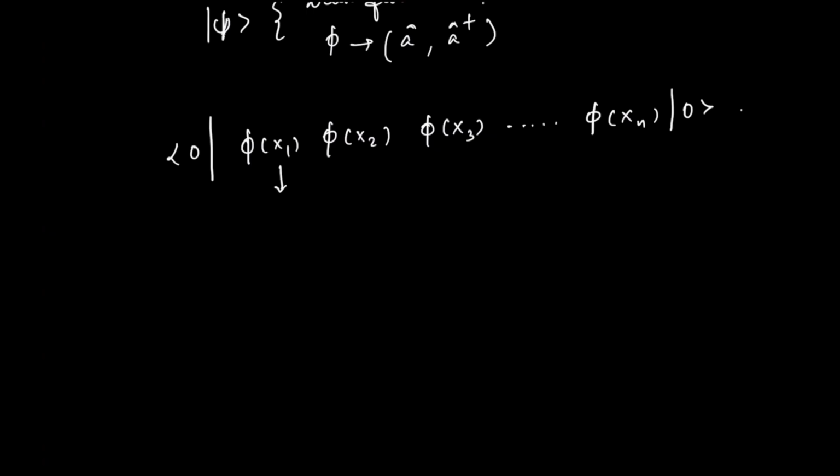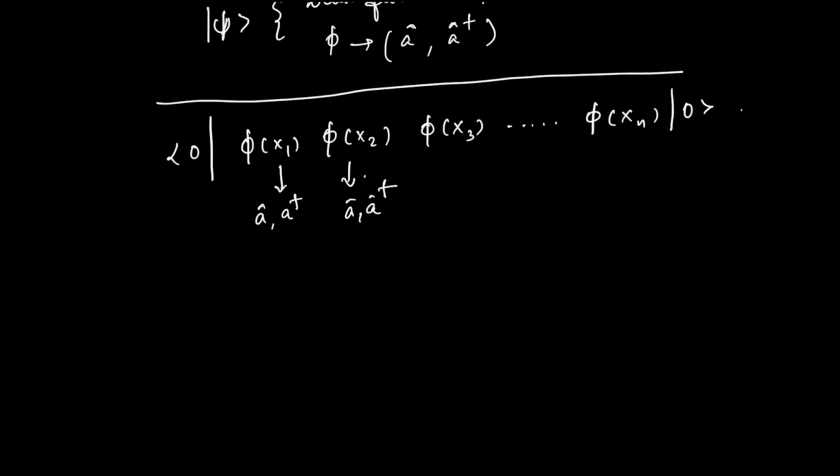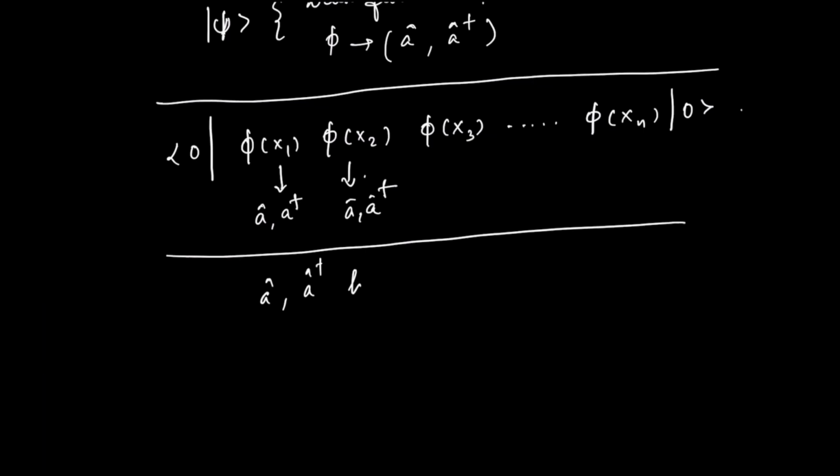Because all these phi will have a and a dagger, and this correlation will survive only when you have the correct ordering of a and a dagger. So a and a dagger have to be paired. If a dagger creates anything, then it has to be annihilated by an a later. So all the a and a dagger have to be paired. Therefore, the n-point function has to be reduced to different 2-point functions.